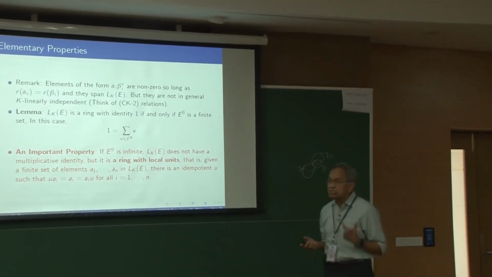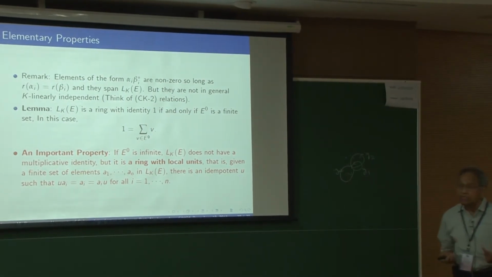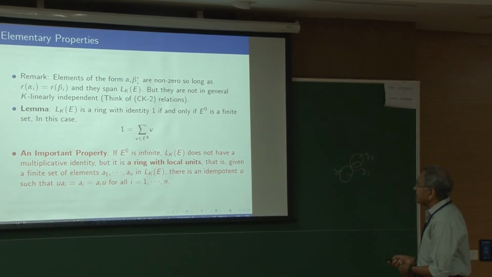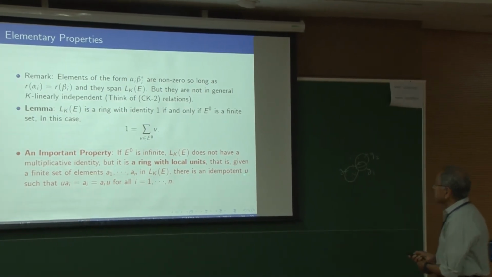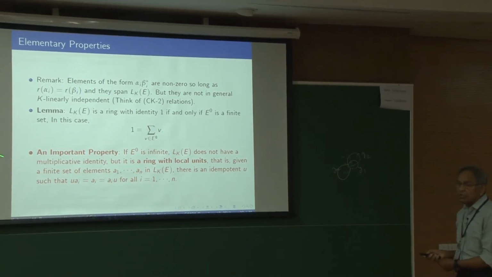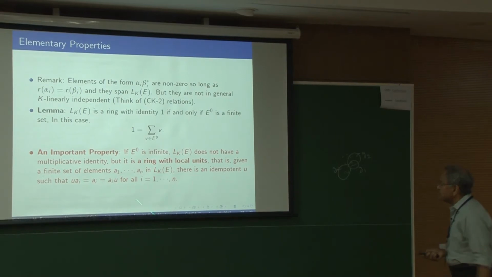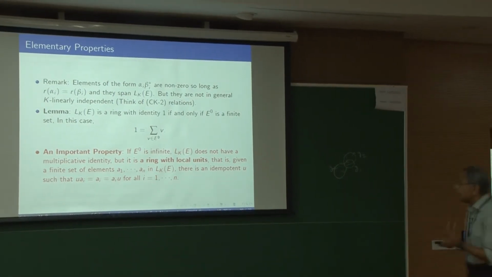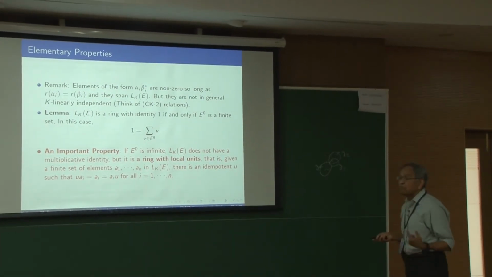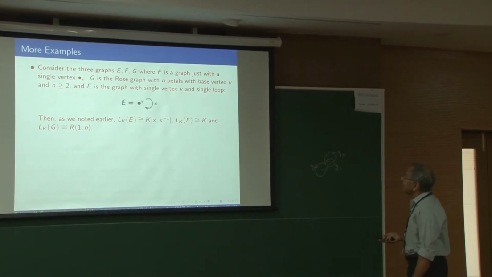However, it has a nice internal property of having so-called local units, in the sense that given any finite set of elements a1, a2, ..., an, there is an idempotent u such that it acts as an identity locally: u a_i equals a_i, a_i u equals a_i for all these n elements. That's really one of the desirable properties of the Leavitt path algebra, in spite of the fact that it doesn't have a multiplicative identity.